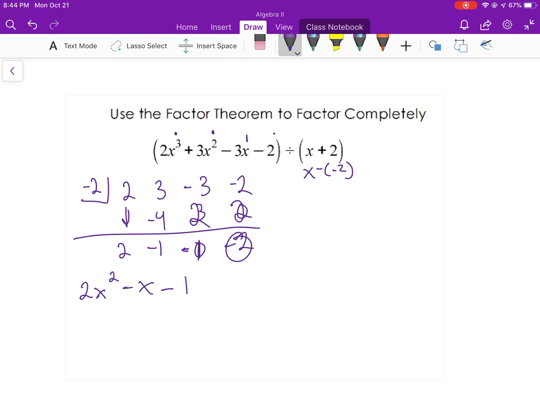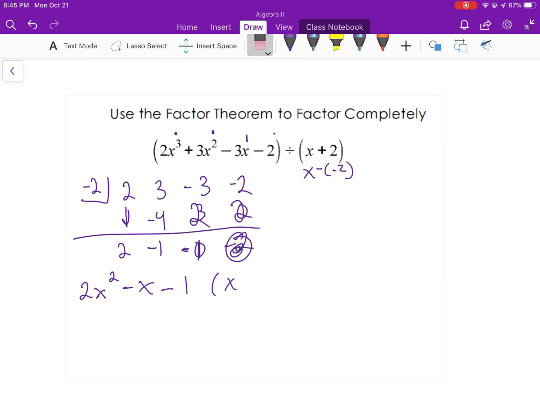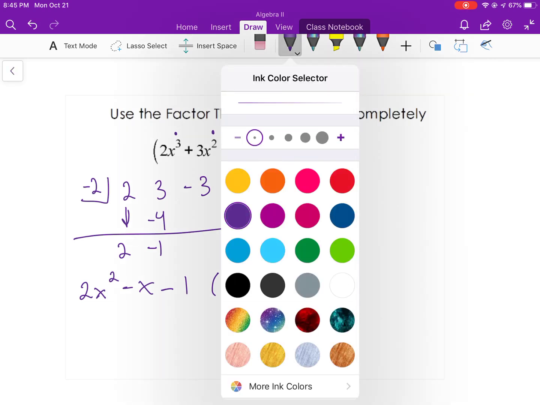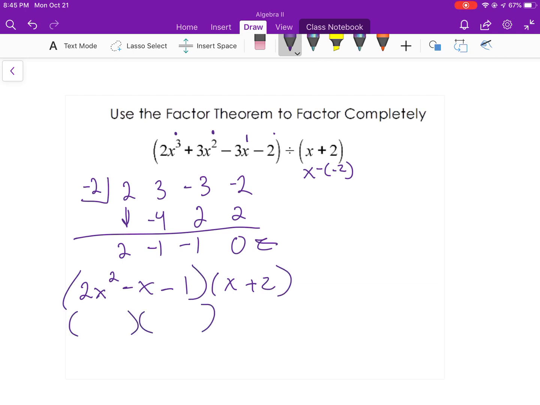Now, I know that this is one of my factors because this last number here, maybe I'll clean that up. Get my mistake out of there. But that should be 2, -1, 2, and 0. Because that was 0, that means that x plus 2 is a factor. And then I can look into factoring this some more.